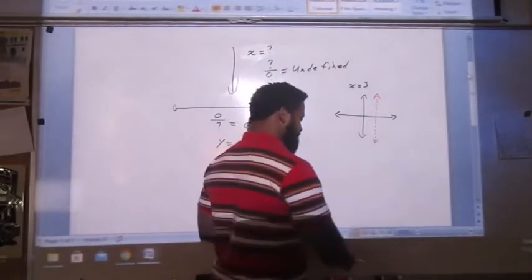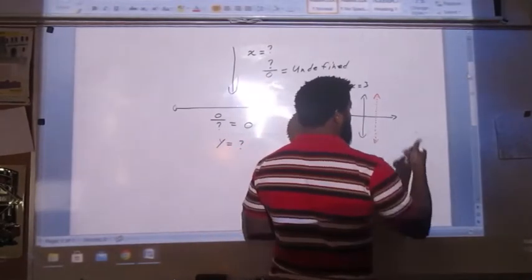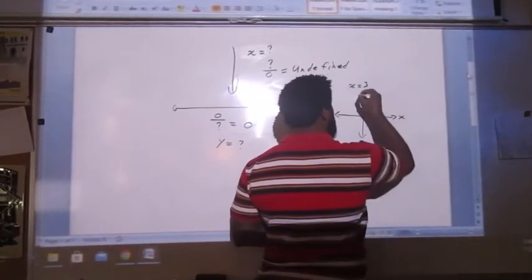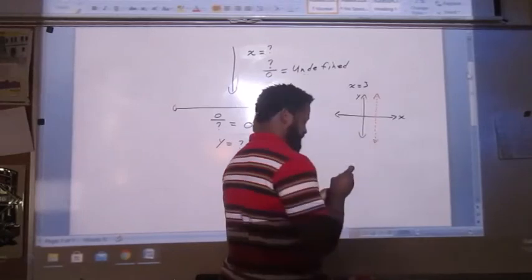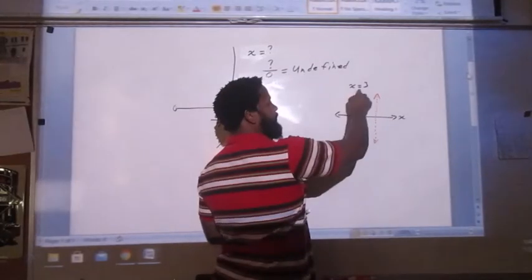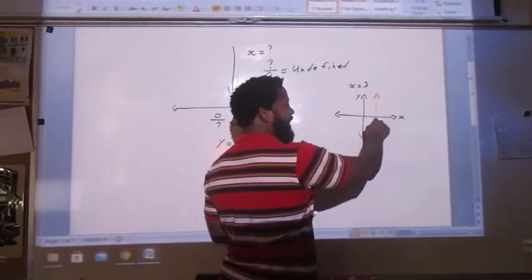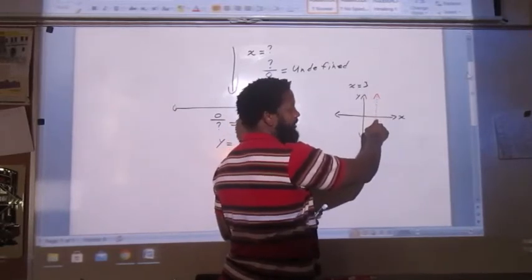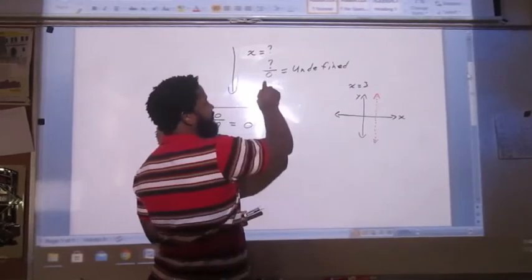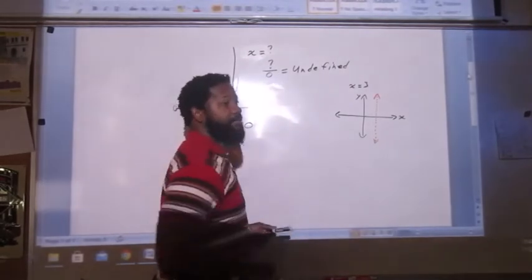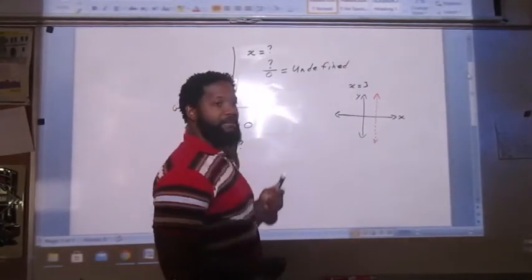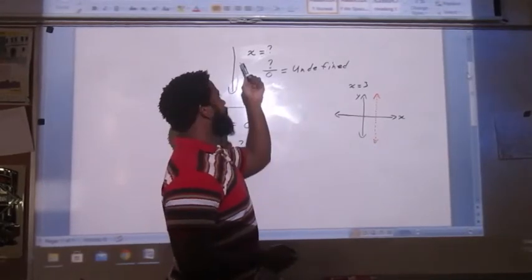This is x, this is y. So if you have x equal to 3, you have a vertical line going through the x-axis at the point of 3, which means your slope is undefined because you have a vertical line.